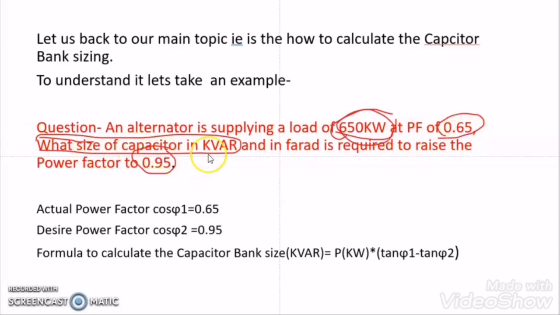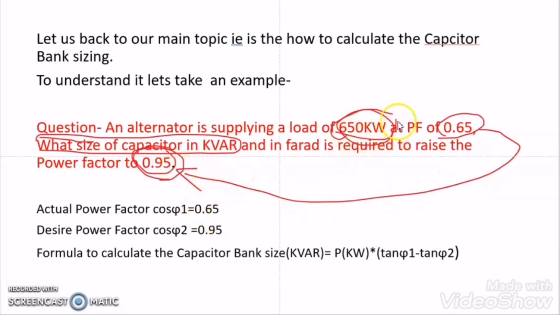What would be the size of the capacitor in kVAR and in farad to improve the power factor to 0.95? It's very clear: we have to calculate the capacitor bank to improve the power factor from 0.65 to 0.95 for a load of 650 kilowatt.